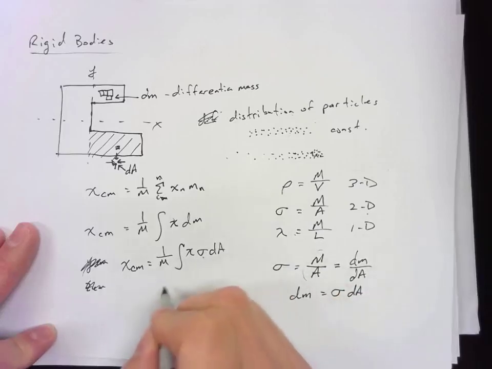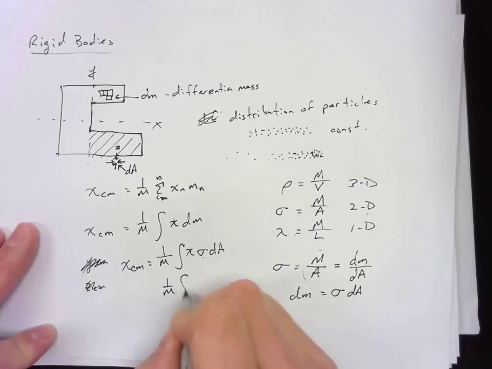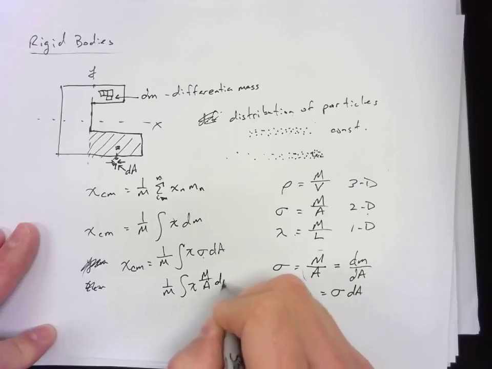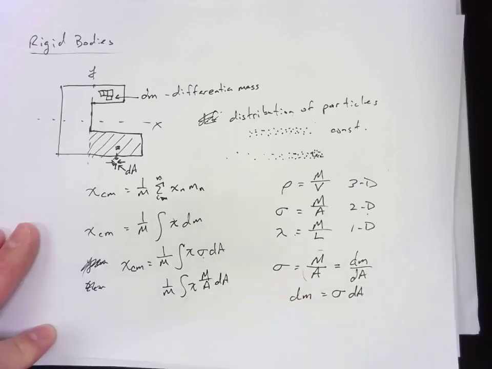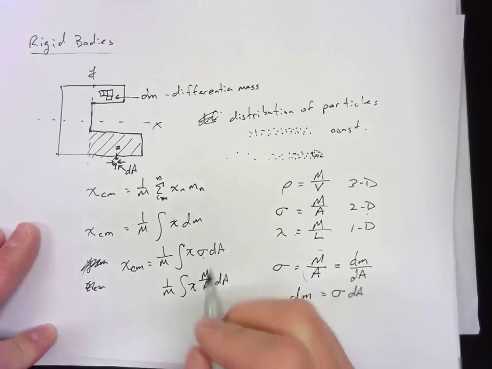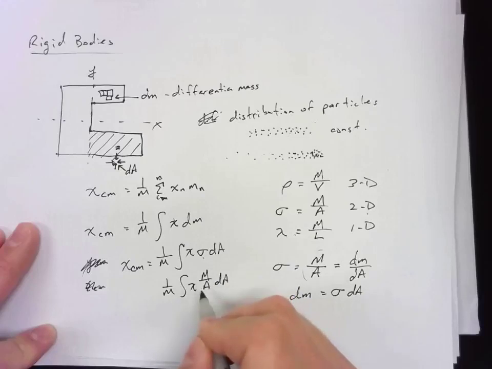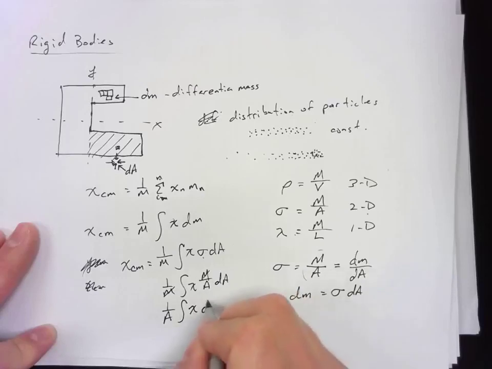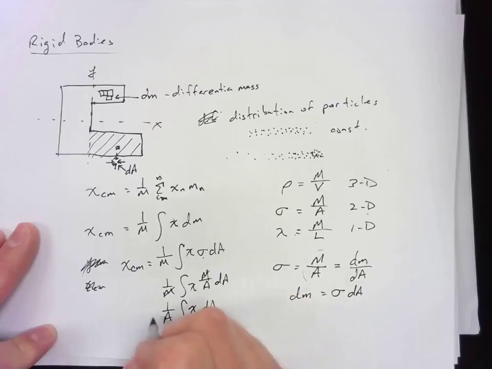So we have 1 over m times x, m over A, dA. So what we end up with, these are constants, so we can pull those out of the integral. So that means this is going to cancel out. So we're left with 1 over the total area times the integral of x times the differential area.